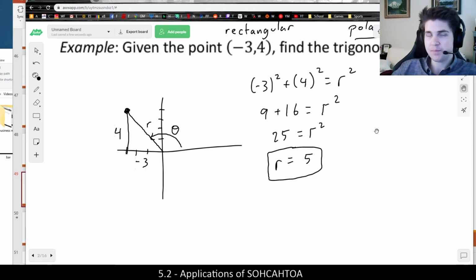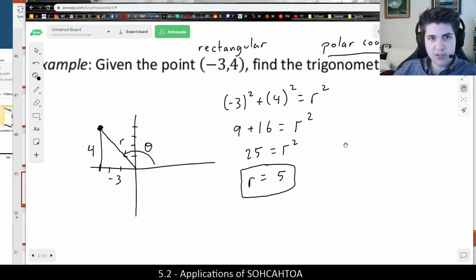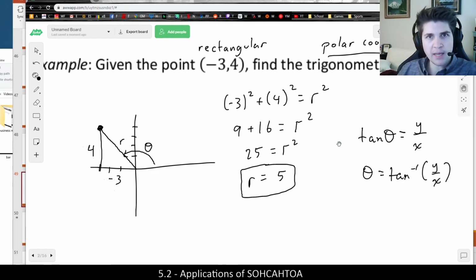Anyways, let's say I wanted to know theta. Well, I could use any of the trigonometric functions to do this because I already know x and y. Tangent of theta is always y over x, as it says above. So if I want to know theta, theta would be equal to the arctangent of y over x, and I could figure out what that angle would be. If I use the proper negative signs, it's always going to be in standard position.